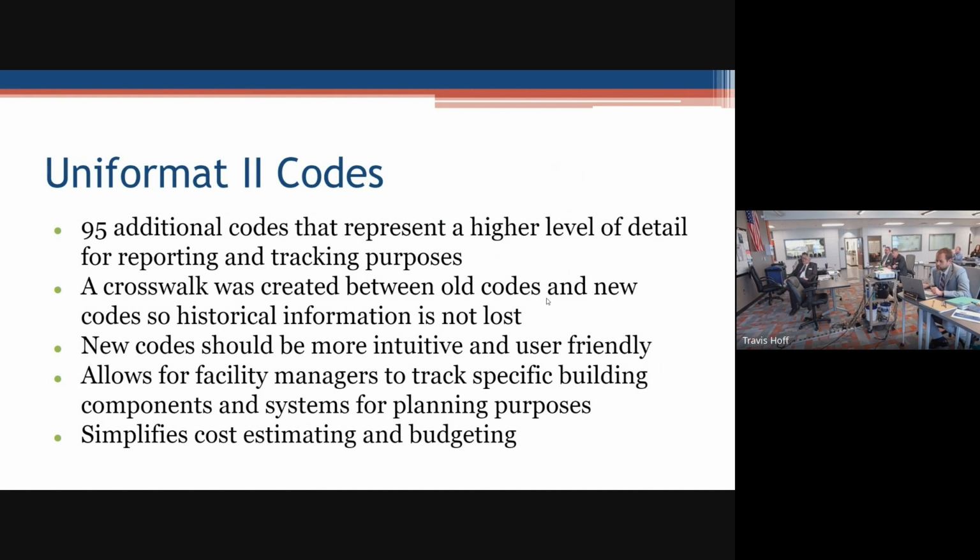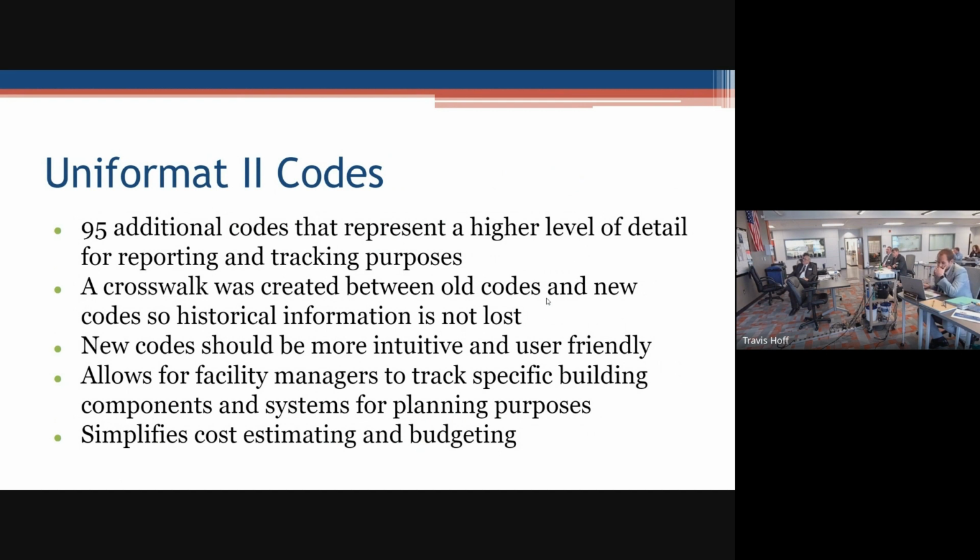One of the things that we've done is we've added more detail to the Uniformat 2 codes in our system so that it'll be easier for districts to identify the appropriate code for planned work orders that they're working on.